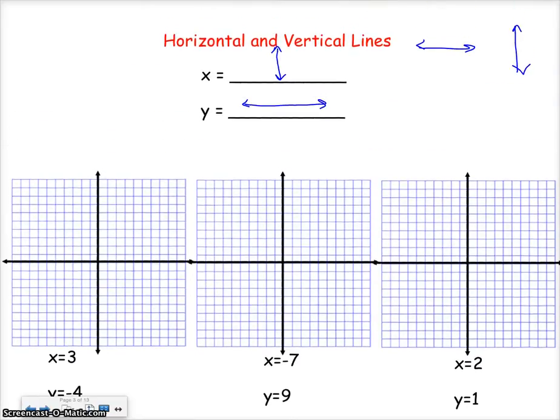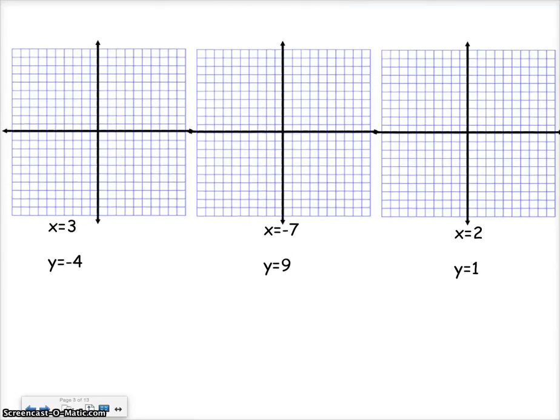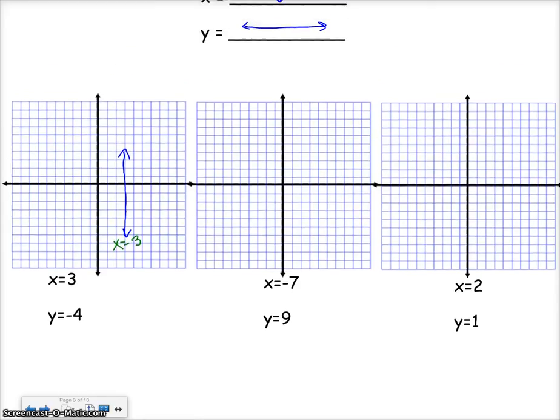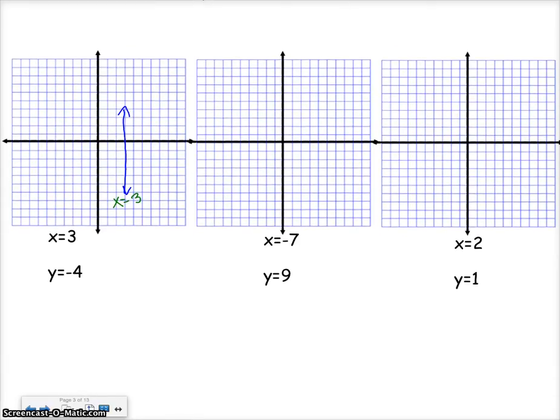So, for example, I want to graph x equals 3 and y equals -4. Well, x is a tall line. So I'm going to do a tall line when x is 3. 1, 2, 3. There it is. Mine is aligned weird, but that's my line. X equals 3. It's a tall line. And y is -4. Well, the y equals is a horizontal line. So I'm going to go where y is -4. 1, 2, 3, 4.